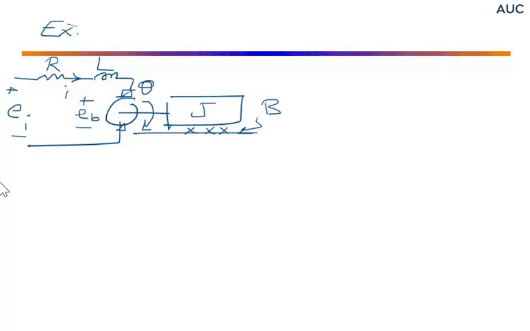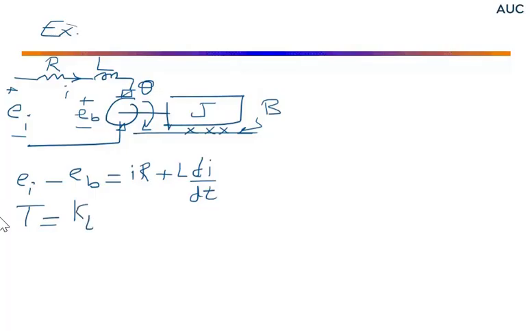So we can write the equations of this system. So we'll have Kirchhoff's voltage law for the electrical loop. So Ei minus Eb would be equal to I times R plus L di/dt. And as I said, that will result in a torque, which is some constant Kt times the current.